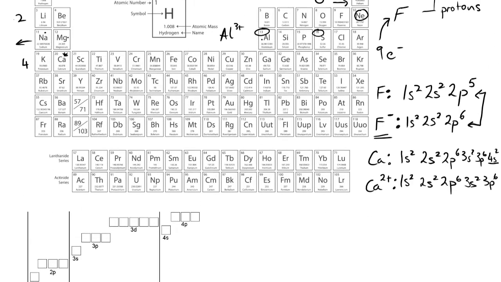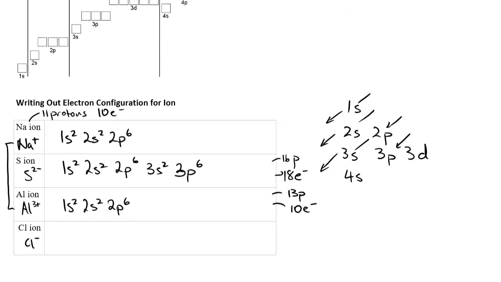Okay, finally, hopefully this is starting to make sense for you. Chlorine's number 17, 17 protons. It needs to gain 1 more electron to become like argon, so it needs 18 electrons. And I think we already had a look at one with 18 electrons. So guess what?